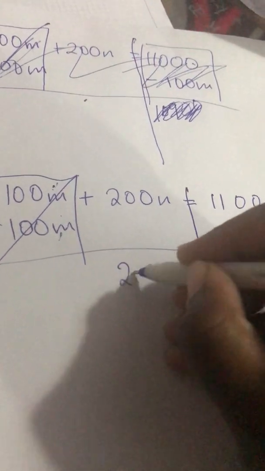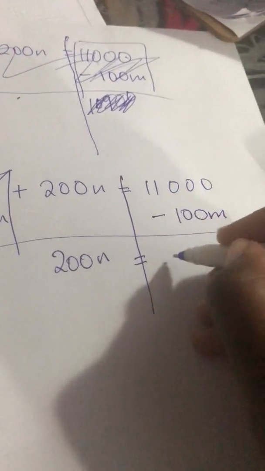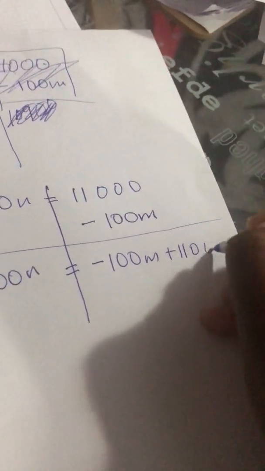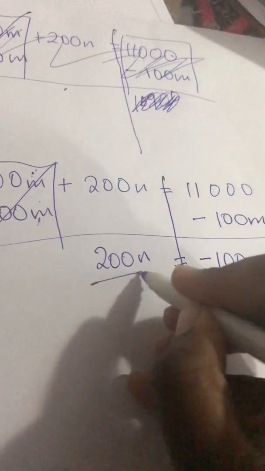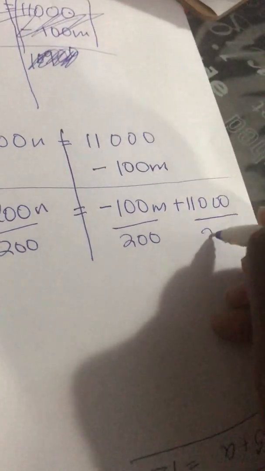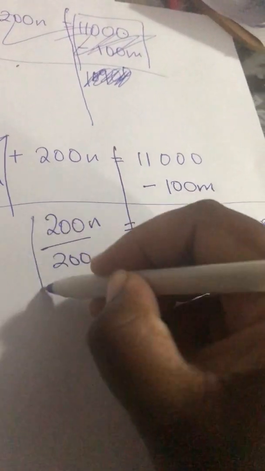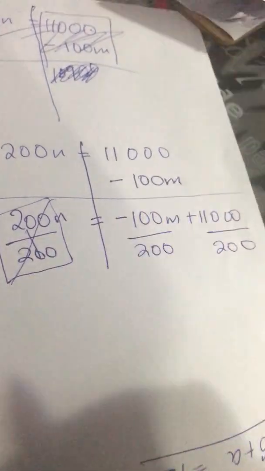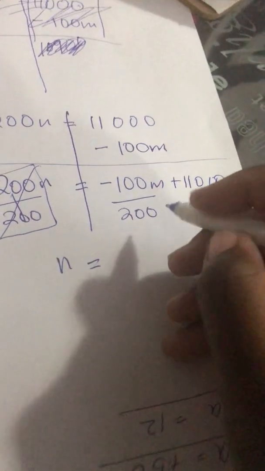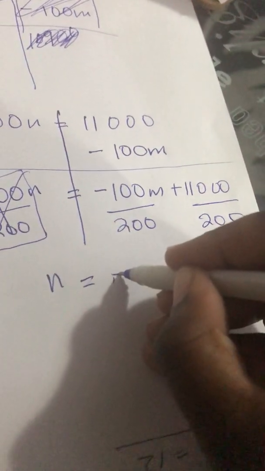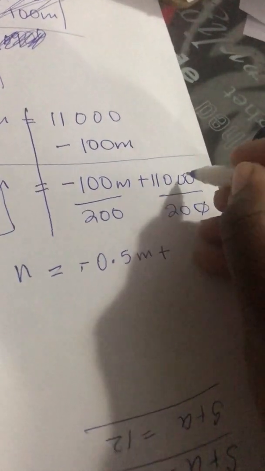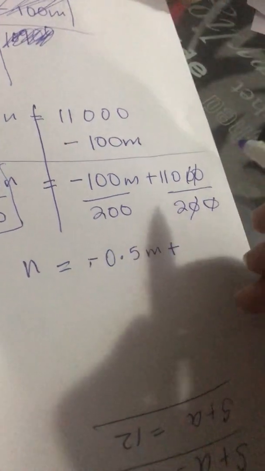So then I have 200N equals negative 100M plus 11,000. Now I have to divide all my terms by 200. So this goes away because it becomes 1. So this is N equals, I will use a decimal, negative 0.5M plus this.